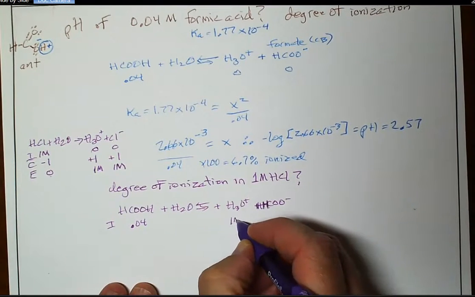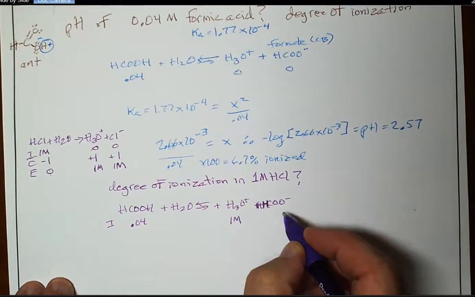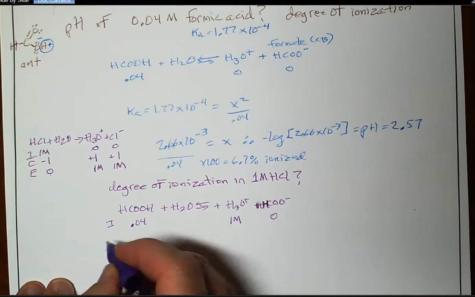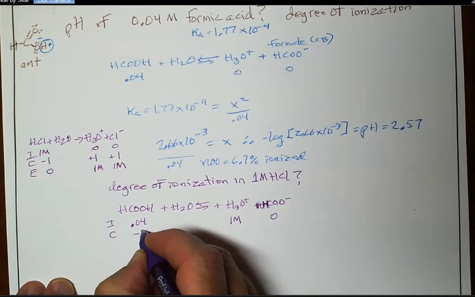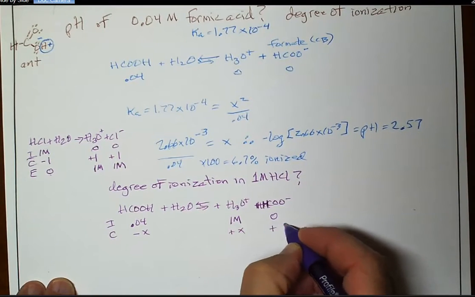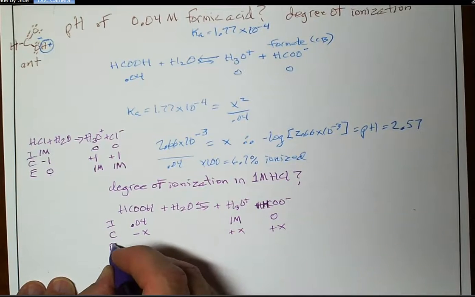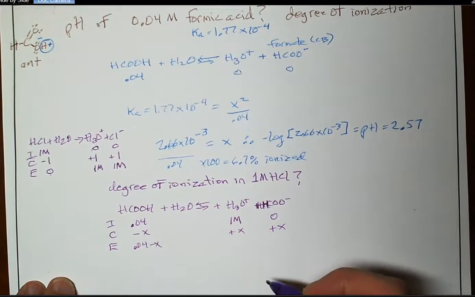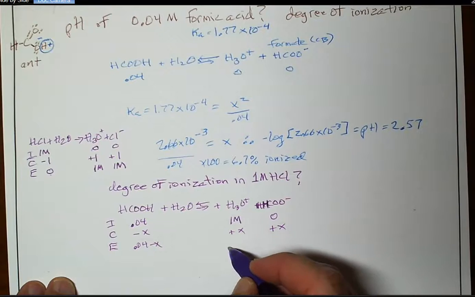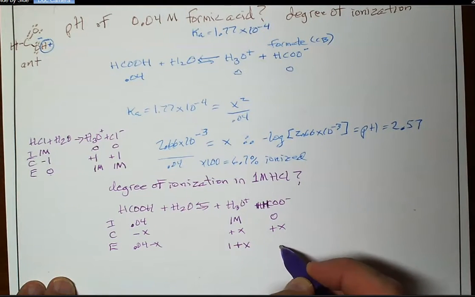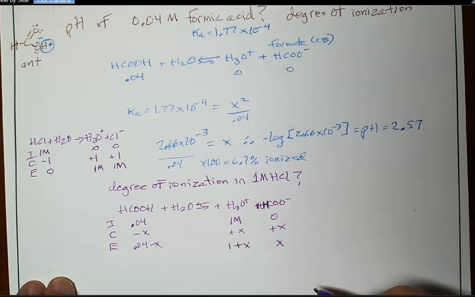It's already 1 molar. Now, there's no formate yet. Now this changes. This goes down by X. This comes up by X. This comes up by X. So that at equilibrium, we have 0.04 minus X. Same thing. But here we have a difference. We've got 1 plus X. And here we've got X.